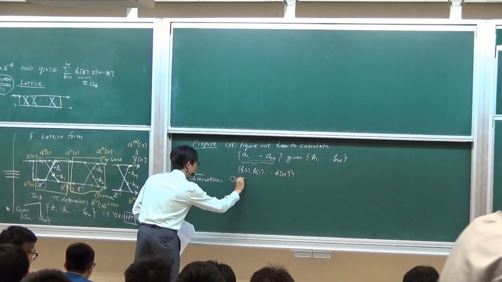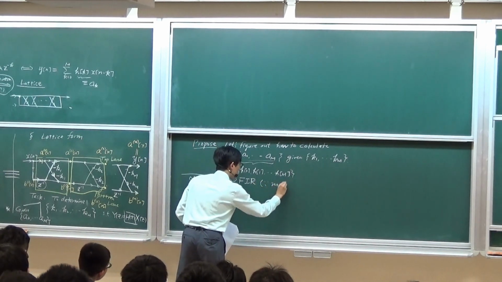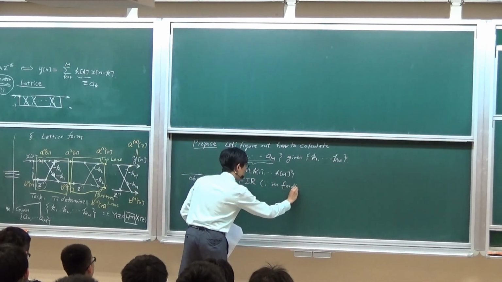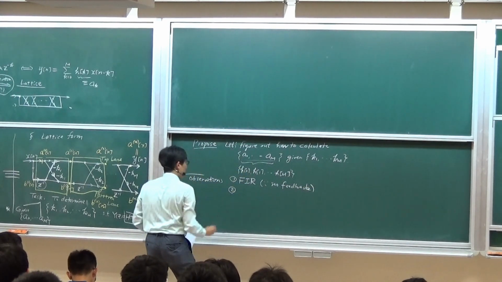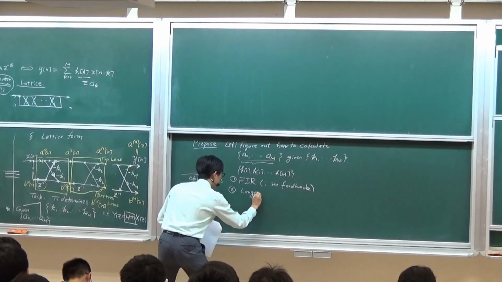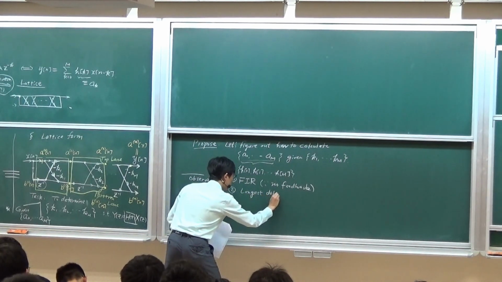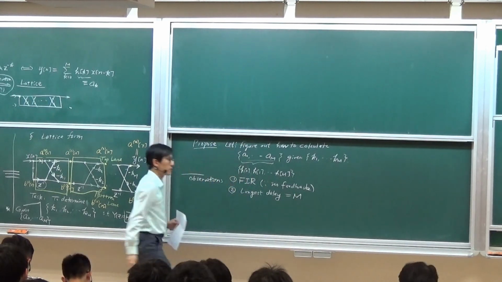First of all, it is definitely an FIR because there's no feedback. And secondly, the longest delay in this network from left to right is n.